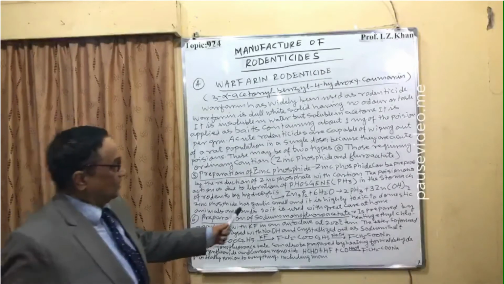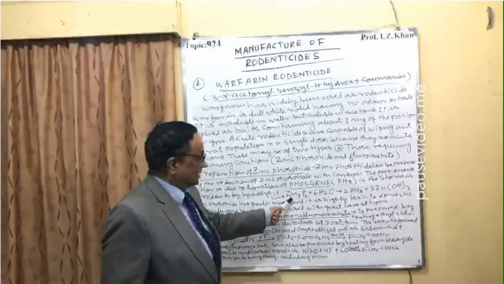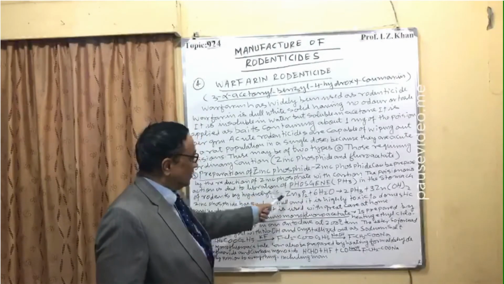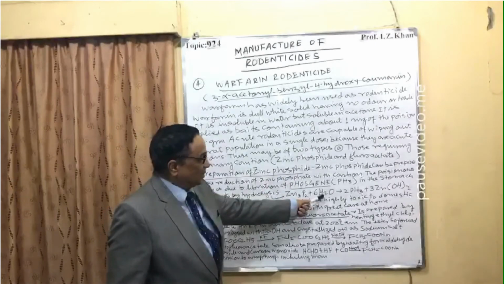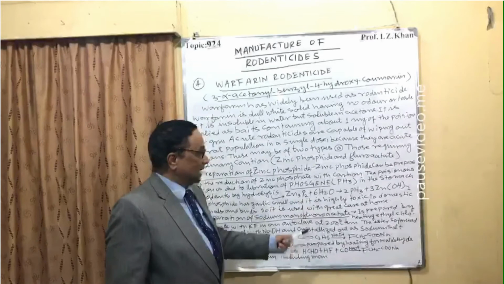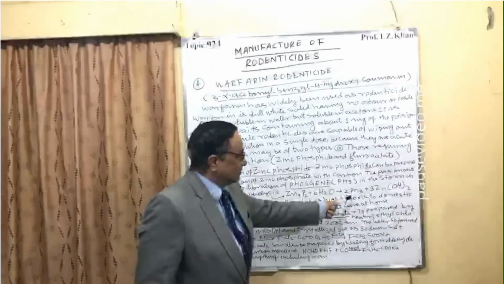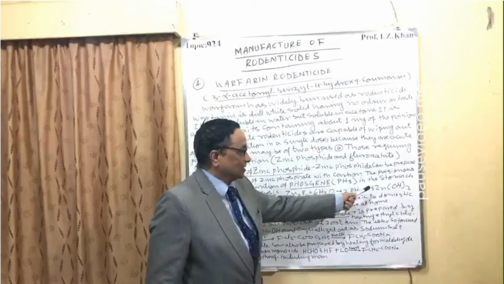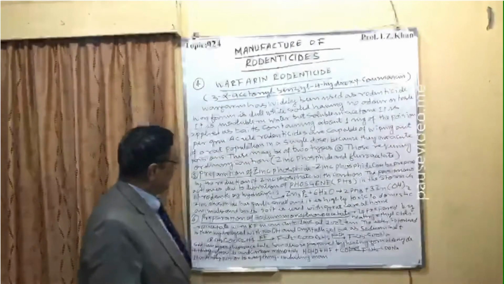So here that is Zn3P2 plus 6H2O. Once zinc phosphide is given to the stomach in presence of 6H2O, meaning water, the hydrolysis will take place and there will be production of phosphine, that is 2PH3 plus 3Zn(OH)2.